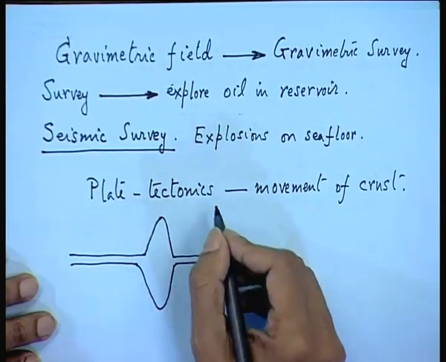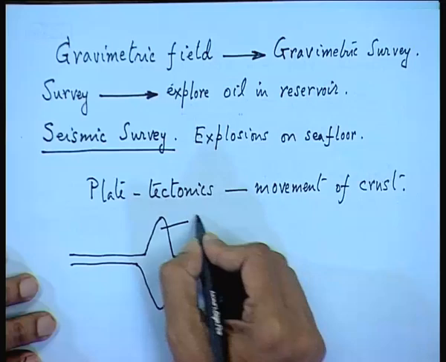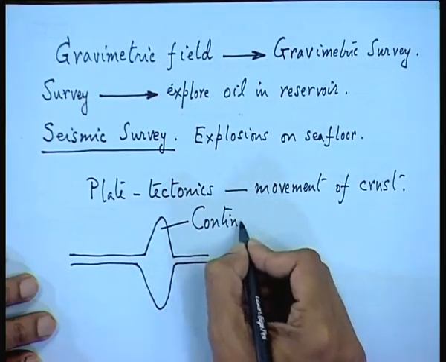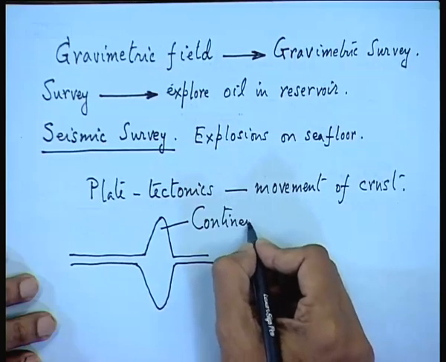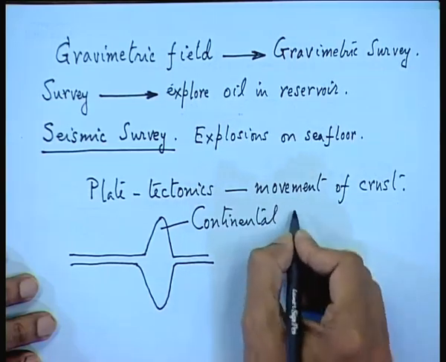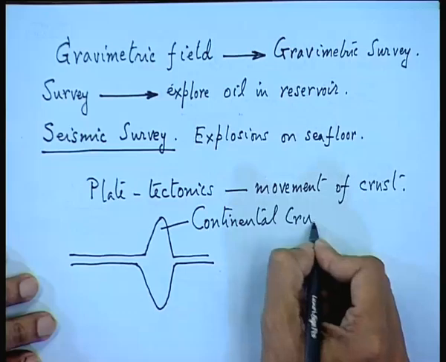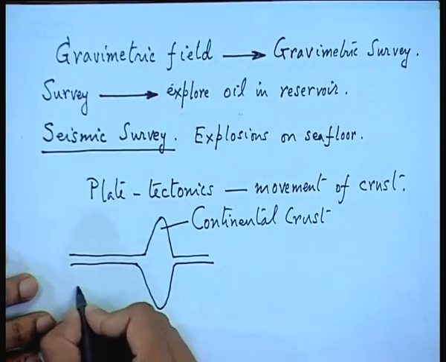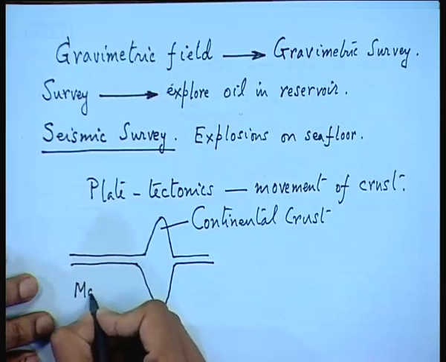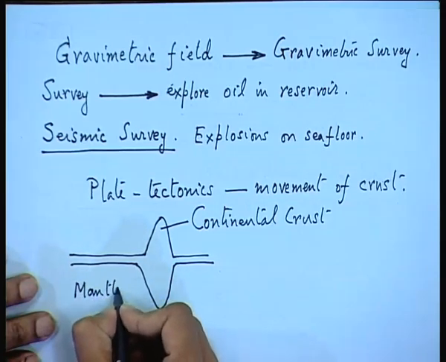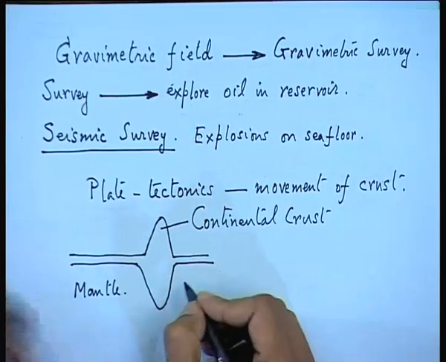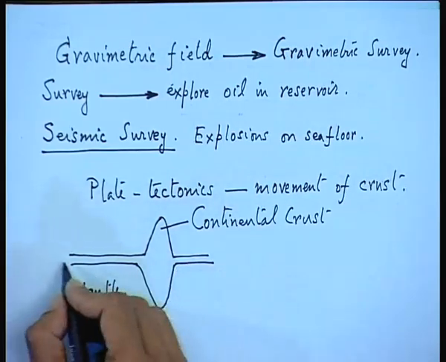So, this is the continental crust. And because the continental crust is floating on the mantle rock, this part actually is below the mantle rock.